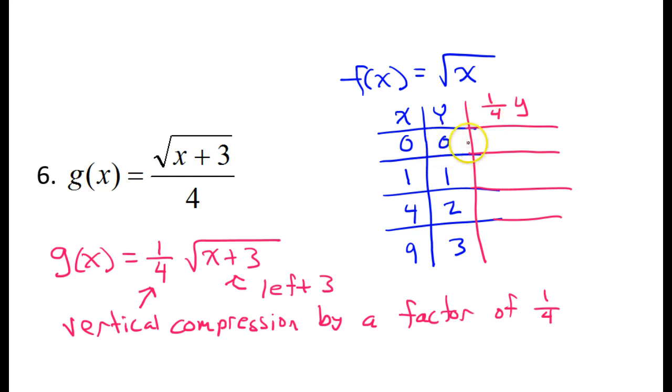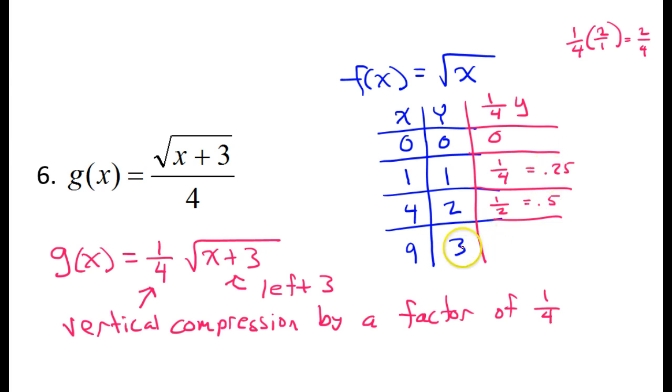So 1/4 times 0 is 0. 1/4 of 1 is 1/4, which equals 0.25 for graphing purposes. 1/4 of 2, in other words, 1/4 times 2. This is like 2 over 1, so that would be 2 over 4, which reduces to 1/2, which equals 0.5.